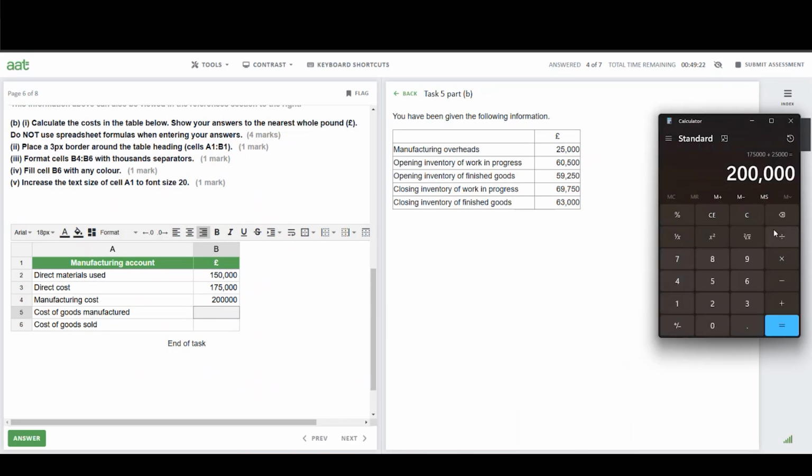So the next part of our calculation is to take our manufacturing cost, add on our opening inventory of work in progress, and subtract the closing inventory of work in progress.